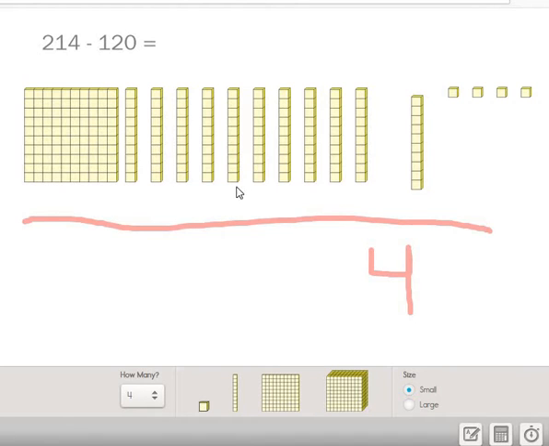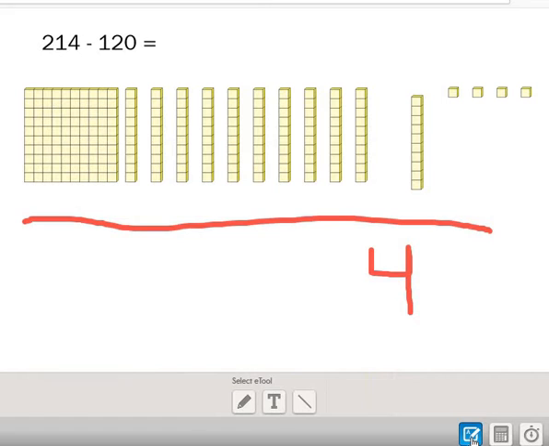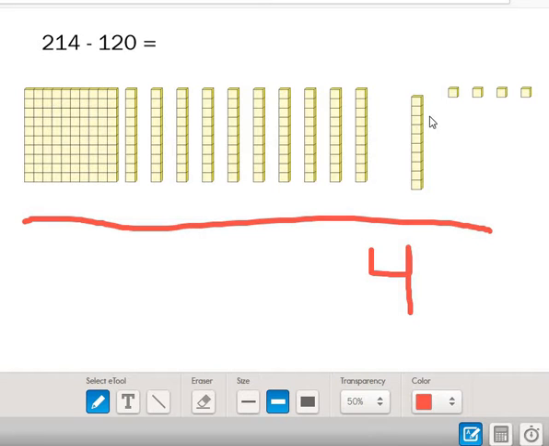We have 11 tens. We need to cross out only 2 tens. So 1 and 2. Now let's see how many tens are left. 1, 2, 3, 4, 5, 6, 7, 8, and 9. We have 9 tens.